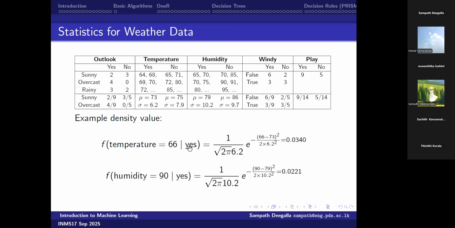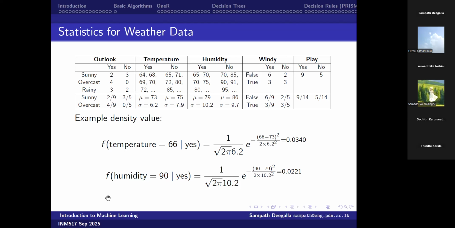Given the class label yes and temperature 66, we need to find the probability density function. 1 over square root of 2 pi sigma, sigma is 6.2, e to the power minus (66 minus mu) square divided by 2 sigma square, which will be equal to 0.0340. You can check the answer.